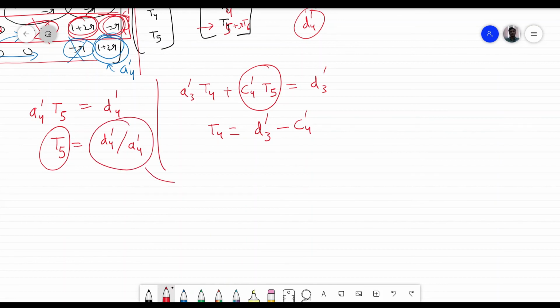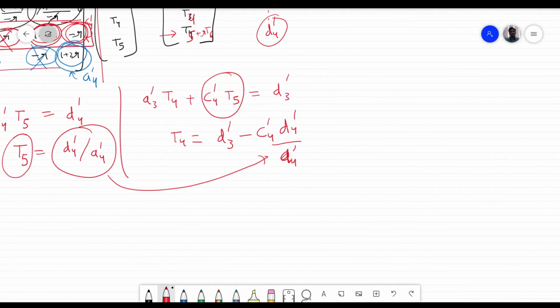From here you get D4 prime by A4 prime. Okay, and then whole thing divided by A3 prime.